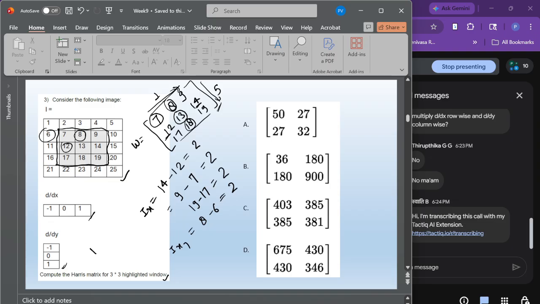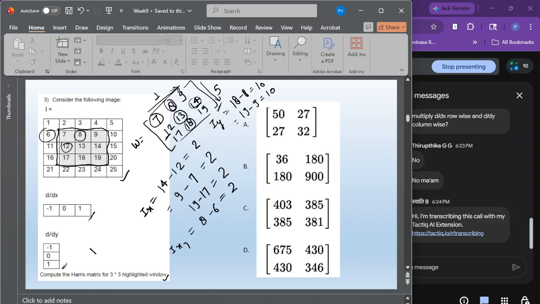So if you calculate the vertical gradient for the central pixel, 13, you get 18 minus 8, so here you will get 10, right? Again, for the next one, 14, you get 19 minus 9, again 10.